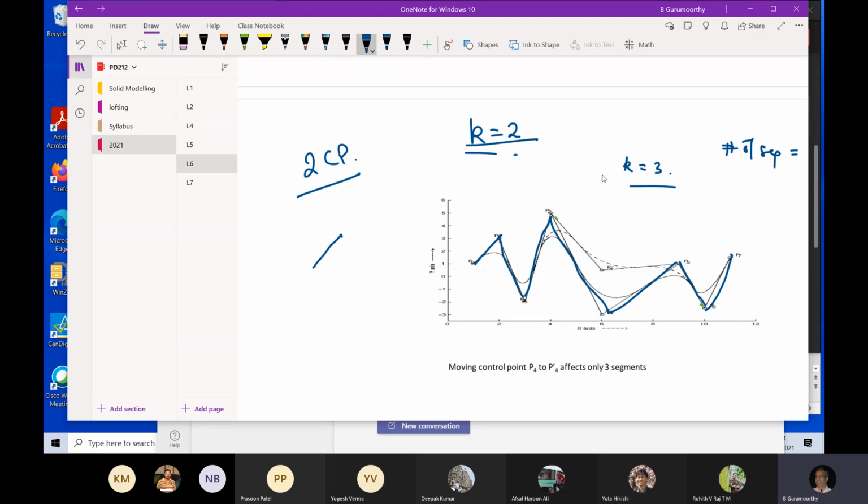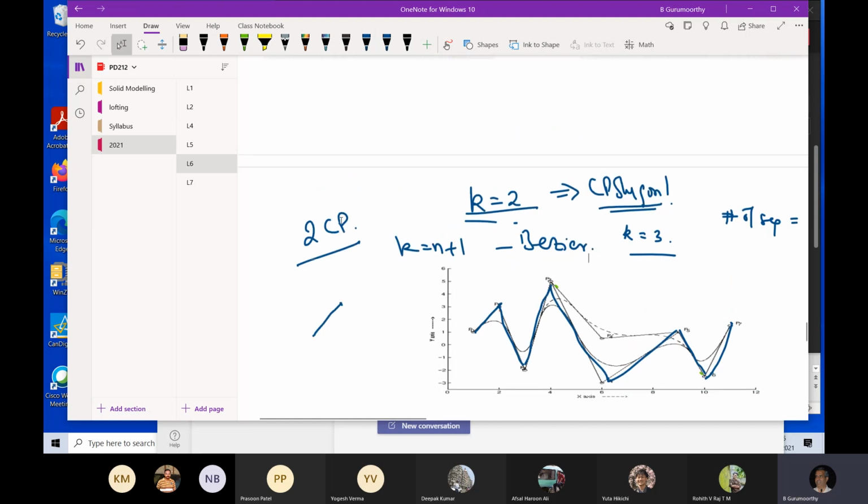For K equals 2, you get the control polygon back. And for K equals n plus 1, you get the Bezier curve. And everything else is in between. As K increases, you tend to get a smoother and smoother curve as you go forward.